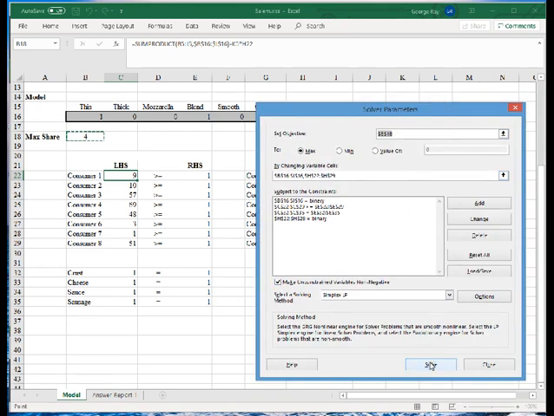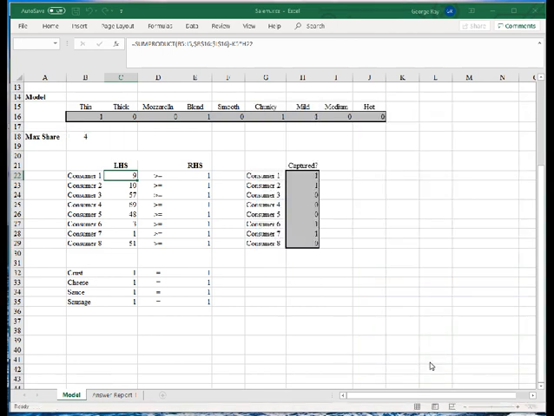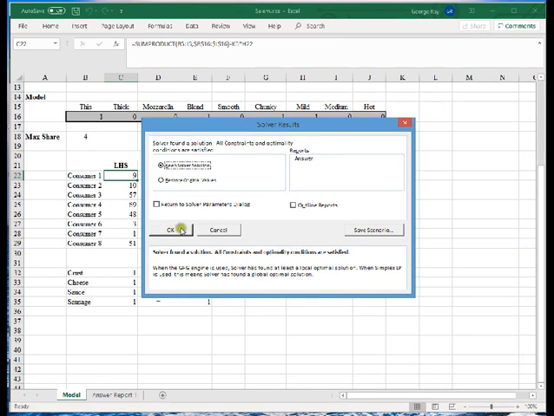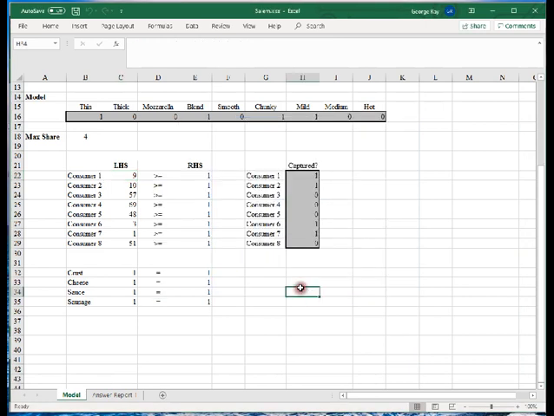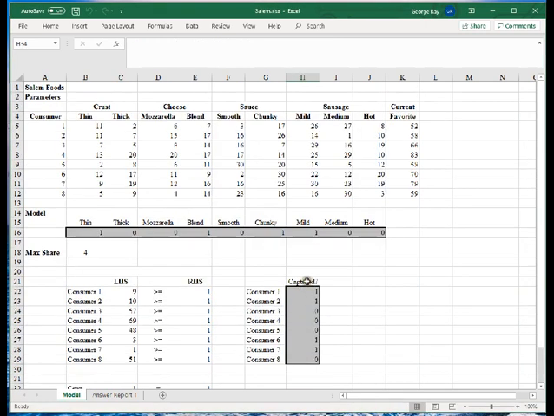So let's go ahead and solve this and see what our maximum potential customer share is going to be. And so this is what we get when we run it. It turns out that we pick up 4 of the 8 in this particular case.